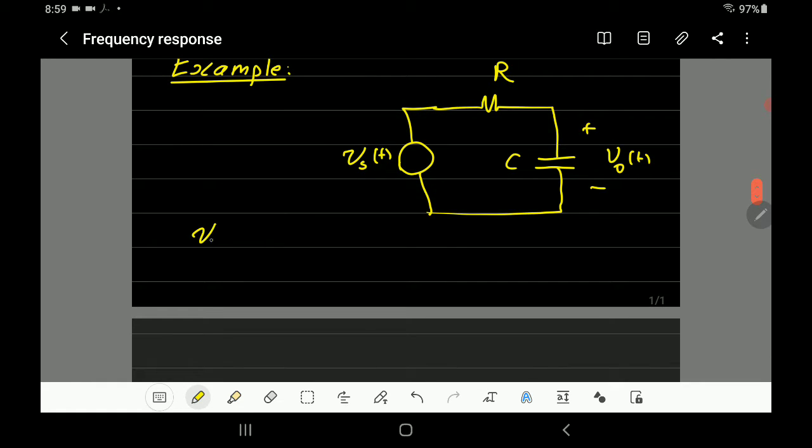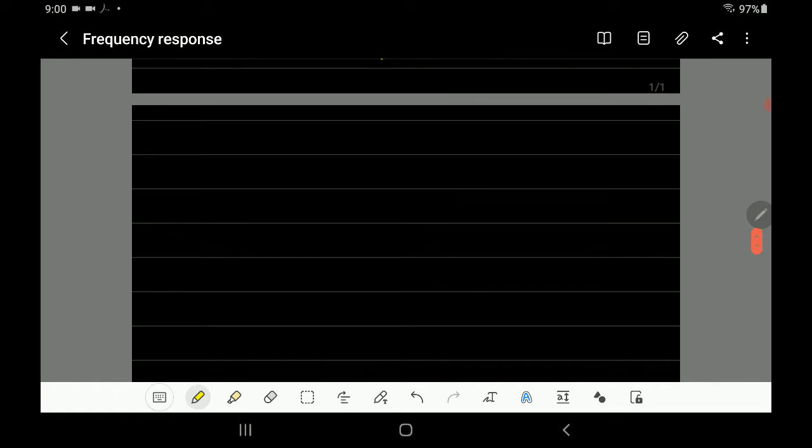Let's assume that the input is equal to V maximum cosine omega t. And we'd like to find the output when we change the omega. So we sketch again the circuit in the frequency domain, and we express everything in phasors.